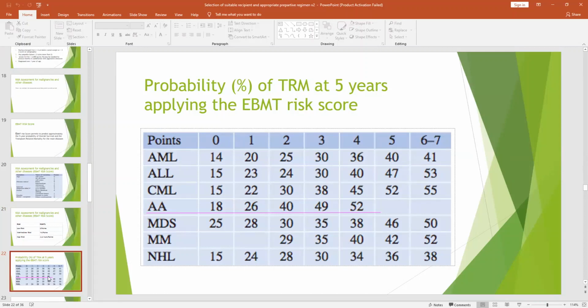For example, severe aplastic anemia at the age of 18 and having a 0 score, the probability is 18%. Having 1 the mortality rate is 26%, having 2 the mortality rate is 40%, having 3 it is 49%, and having 4 the transplant related mortality rate is 52%.